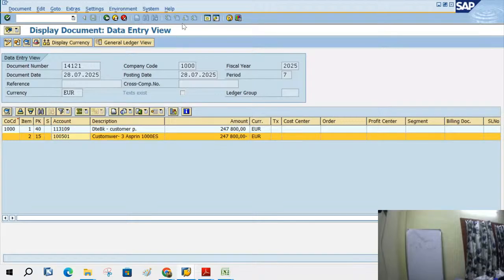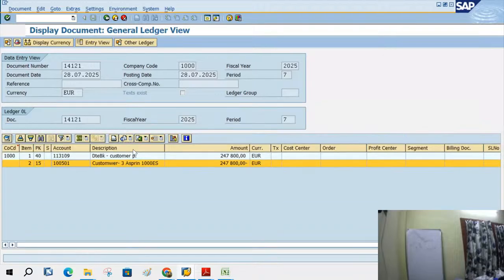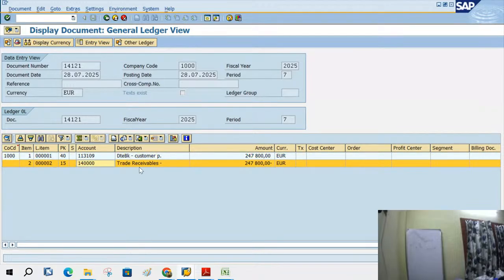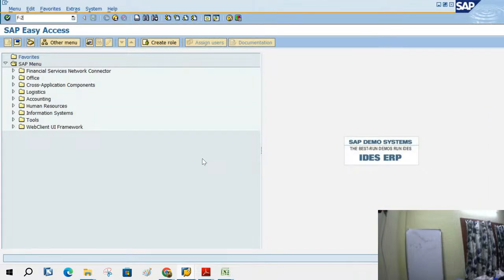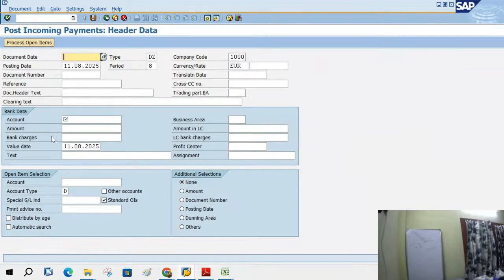Now, if I click on general ledger view, it shows trade receivable domestic. Yes or no? What did she do when she was doing F-28? Chachi has written here the bank account 113109.